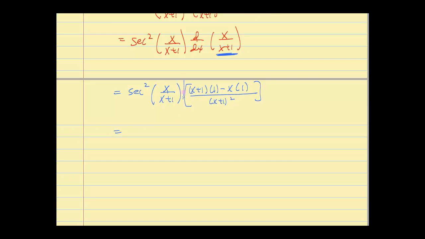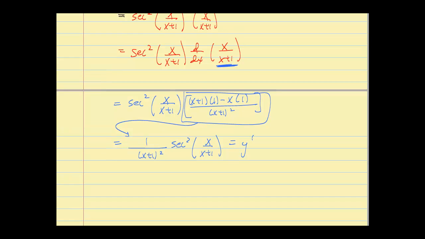I'm going to go ahead and pull this all out front. I'm left with x plus 1 minus x, which just leaves me with 1 over (x plus 1) quantity squared times this entire secant squared of x over x plus 1. And this is my derivative. This is the slope of the tangent line at any point along the graph. Now, what about the argument? Did it change?